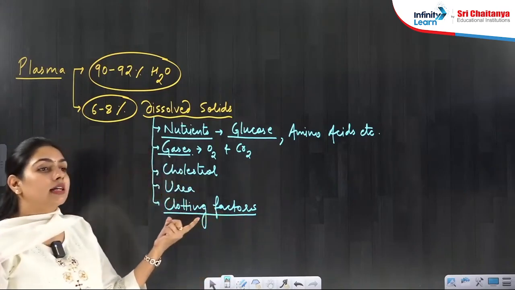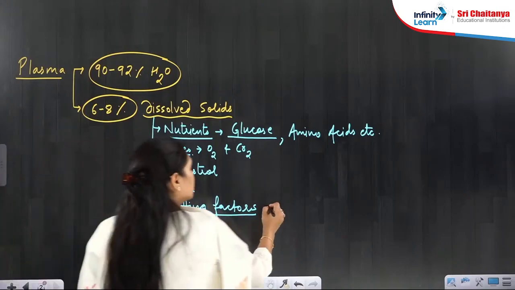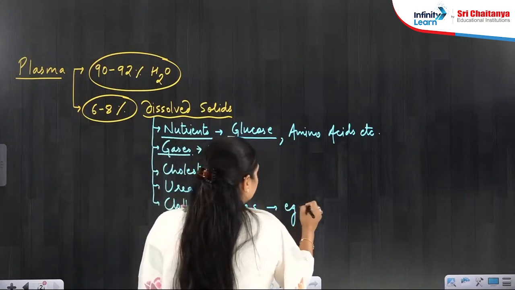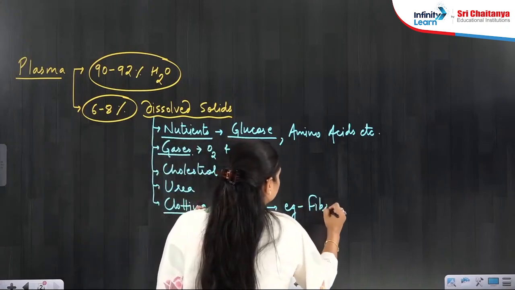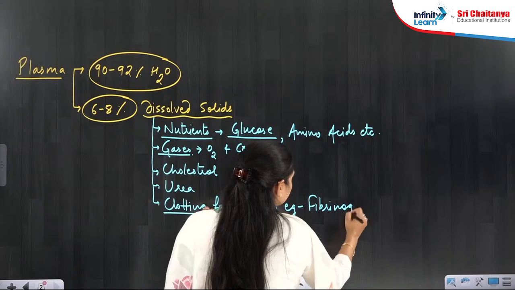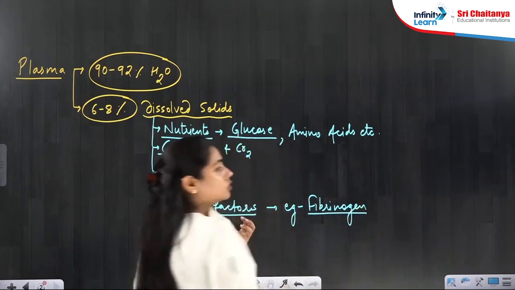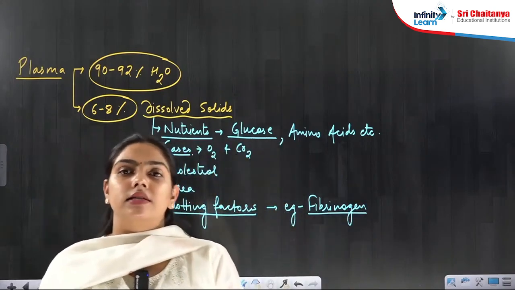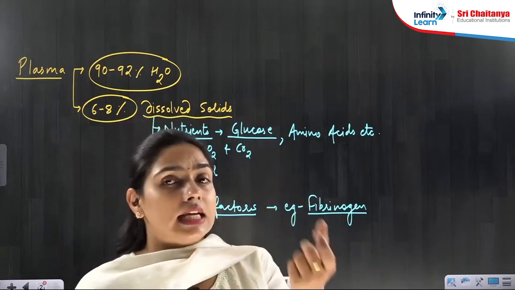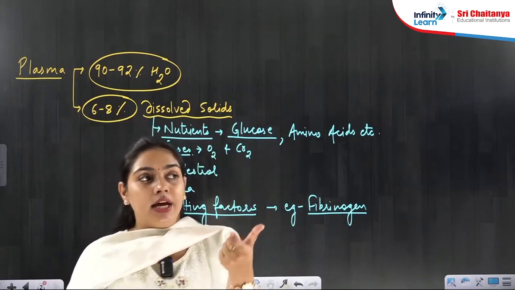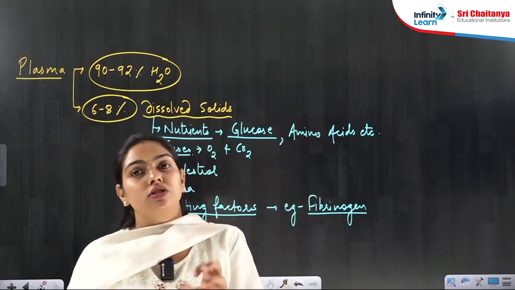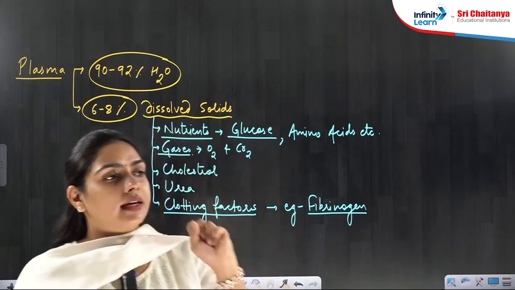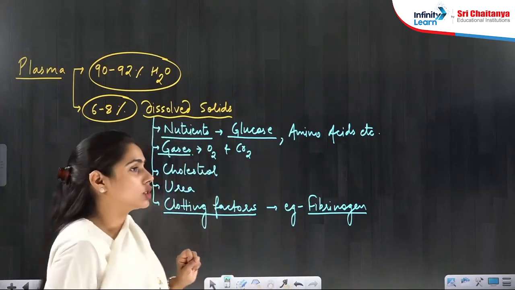Many clotting factors are there, but the main is fibrinogen. You can write an example, that is fibrinogen. Fibrinogen, prothrombin, thromboplastin, so many clotting factors are there. There's a separate topic in NCERT which will tell you about the process of blood clotting, in the chapter Body Fluids and Circulation.